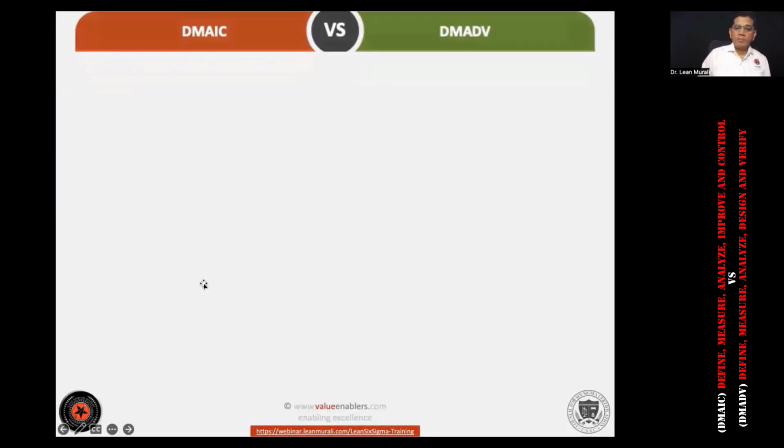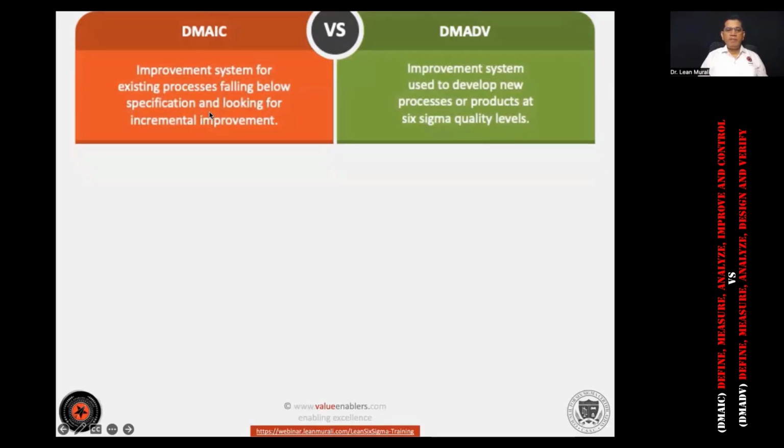Okay, now let's look at the overview of DMAIC versus DMADV. DMAIC is an improvement system for the existing process, the process which is already there. And the process is not meeting the specification, and hence we are not getting the desired outcome or outputs.